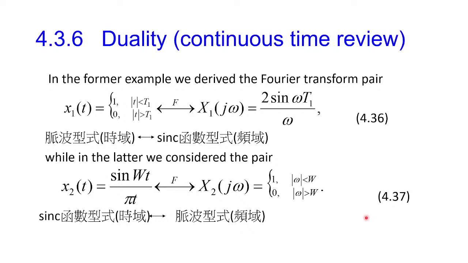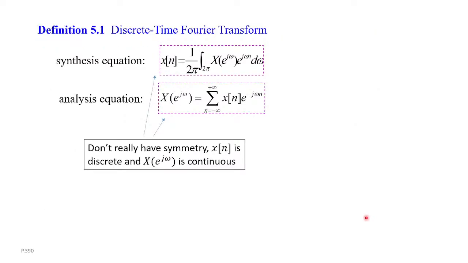Now we want to get this kind of duality also in our discrete time Fourier transform. We see that it's not quite possible because the two functions are very different. One of them is a continuous time function, and the other is a discrete time function, so you cannot just swap them and get another discrete time Fourier transform pair.